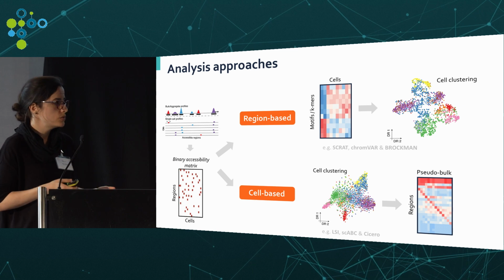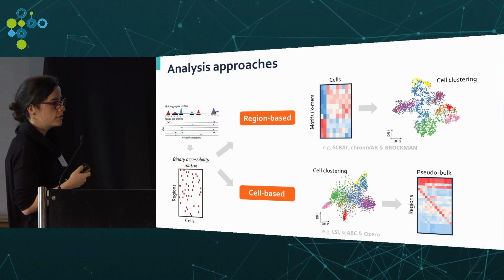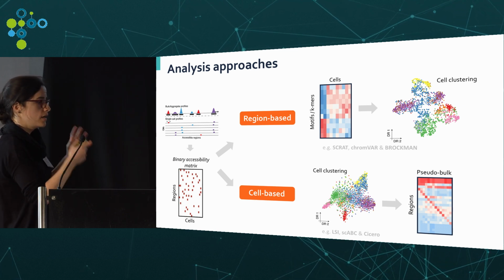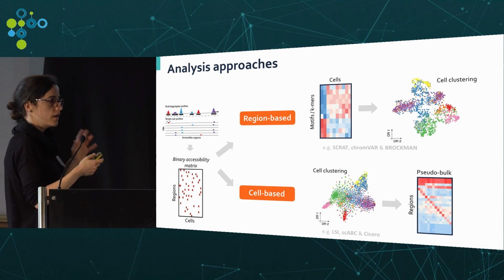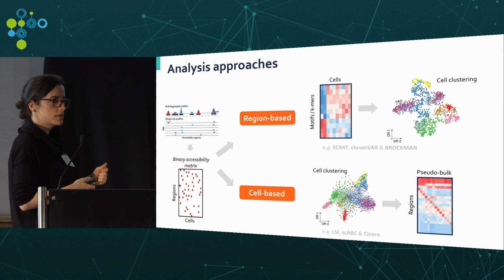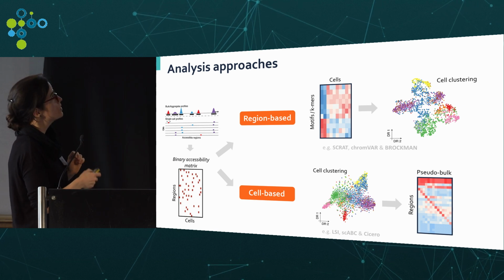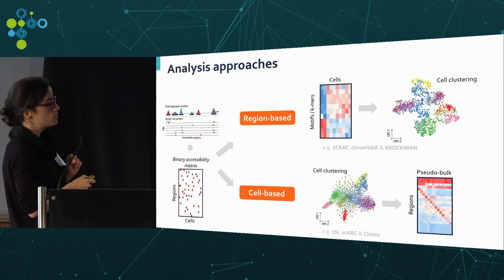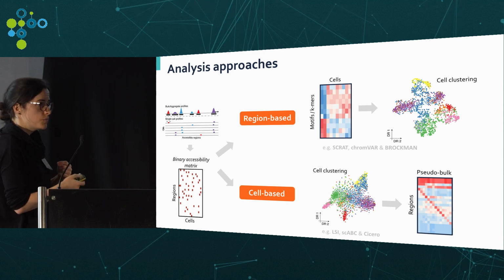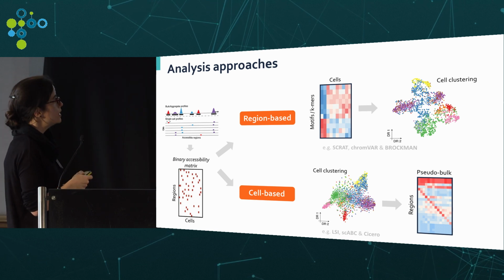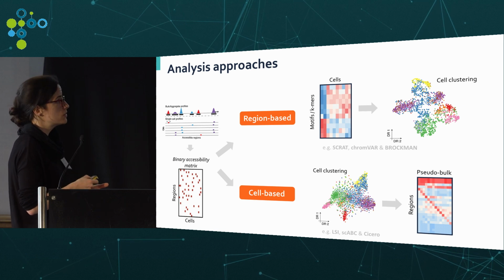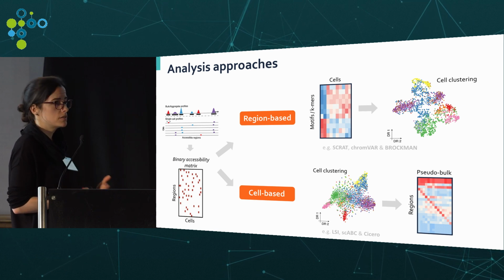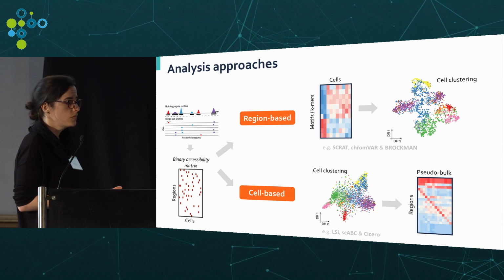The two main approaches are basically region-based, where you collect regions based on motifs or known regulatory regions, aggregate all the reads in the cell across those regions, and then use those aggregates of regions and cells to do cell clustering, or the reverse approach, in which you initially cluster the cells and then aggregate all the cells from the same cluster to do a pseudo-bulk and do a differential accessibility analysis across them.